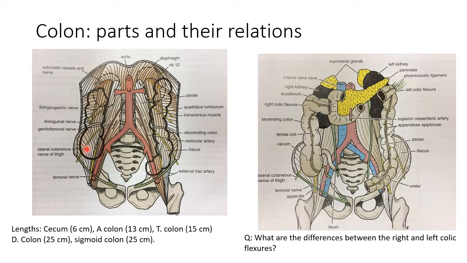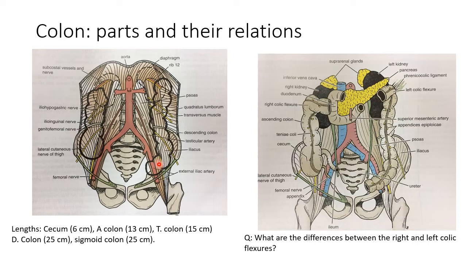Now you also need to know about these structures. You should know what is intraperitoneal and what is extraperitoneal. So which of these parts is intraperitoneal and which of these parts is extra or retroperitoneal. Now the intraperitoneal structures include the cecum, the transverse colon, and the sigmoid colon.